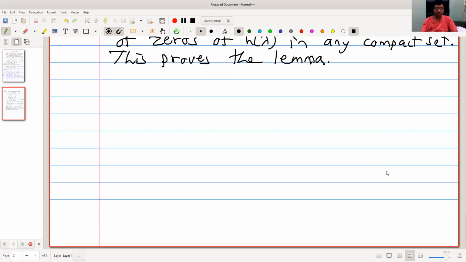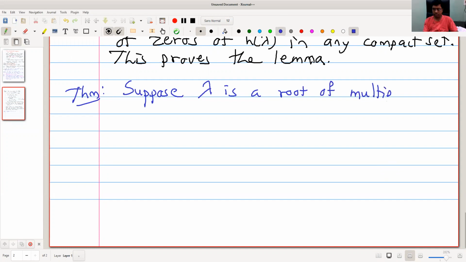Next theorem. Suppose lambda is a root of multiplicity m of the characteristic equation.